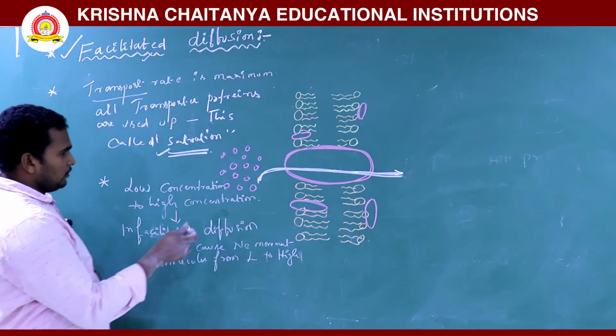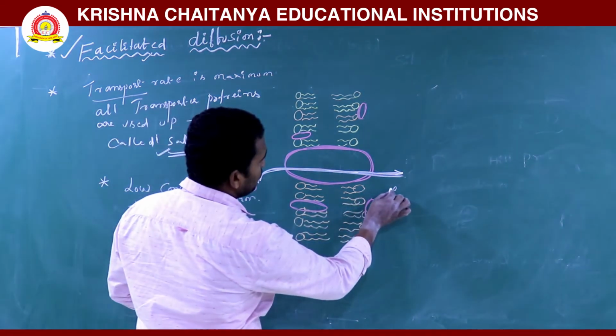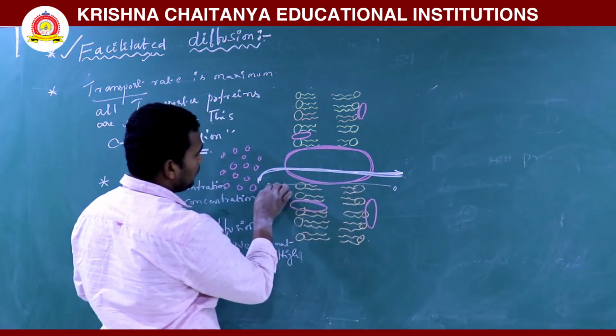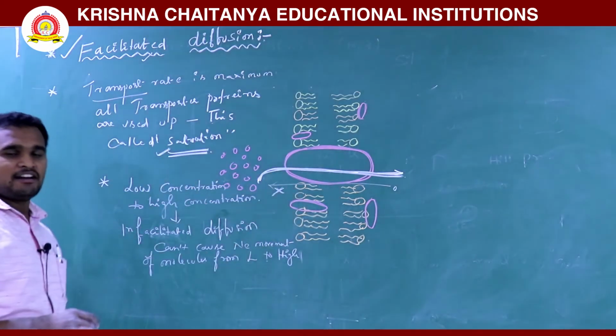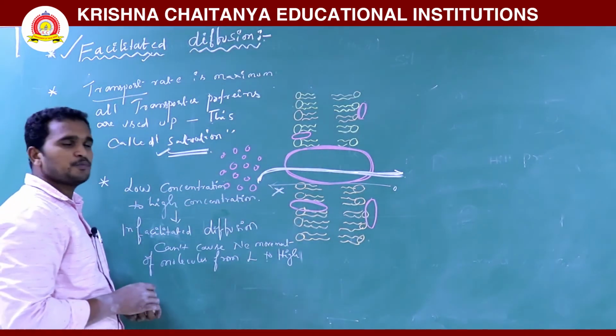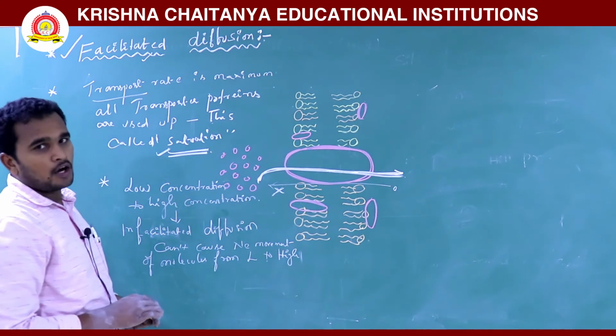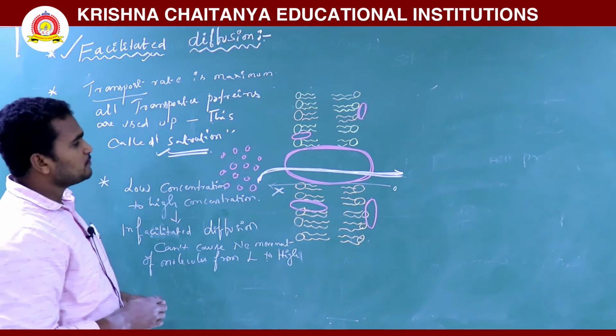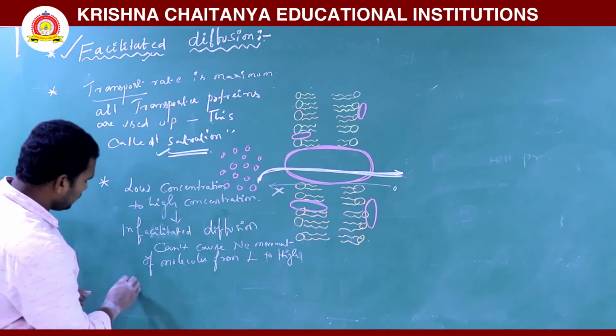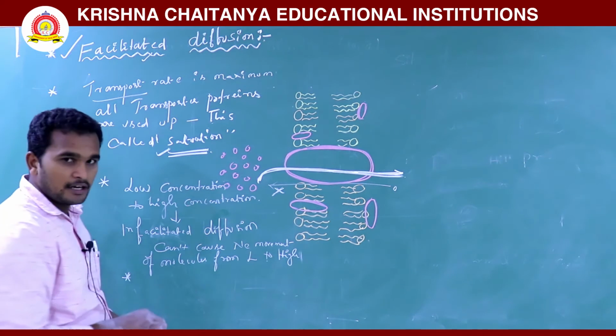Here, low concentration to high concentration, it is not moving, it requires energy. But facilitated diffusion does not require energy, though it does use the transporter protein. It is mainly depending on concentration gradient.